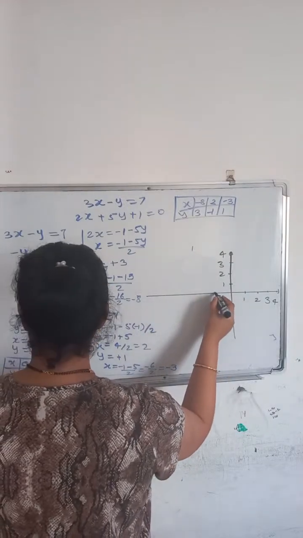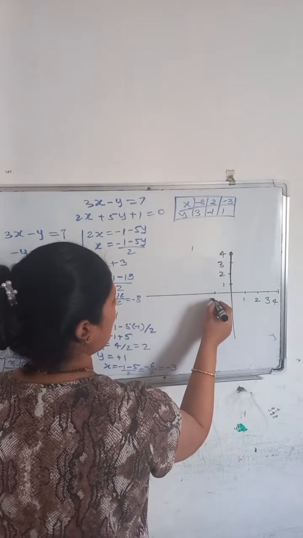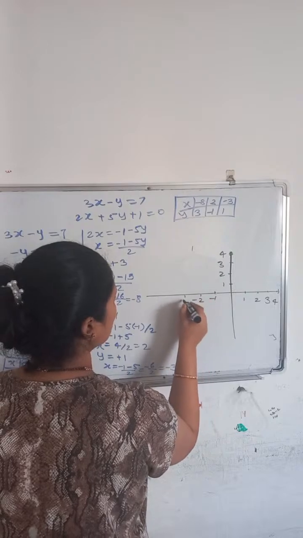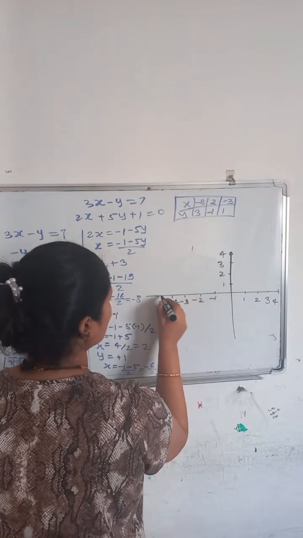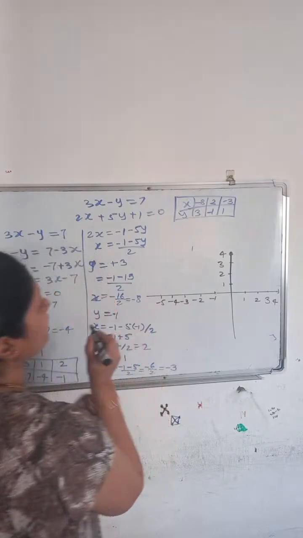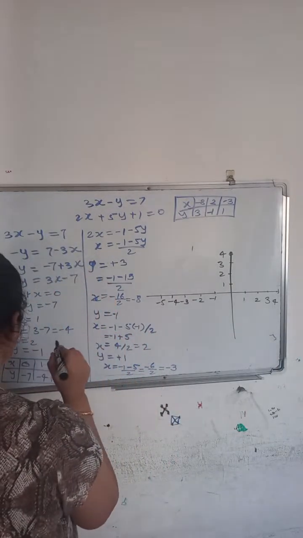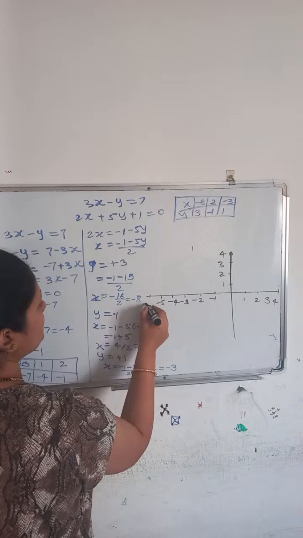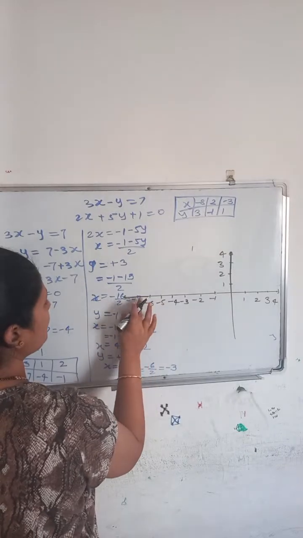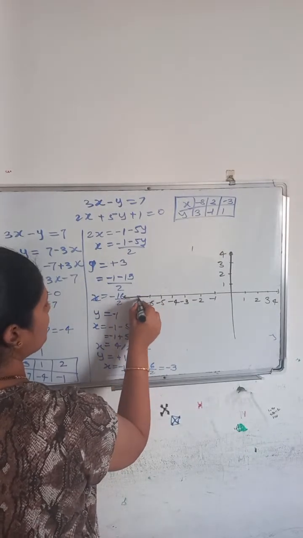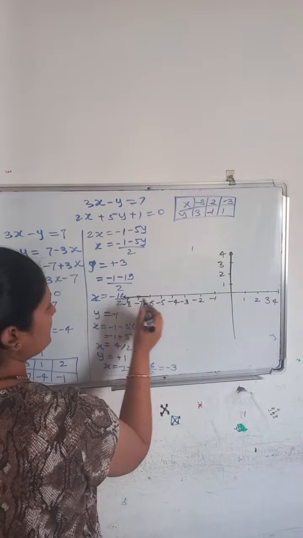Now here we have -1, -2, -3, -4, -5. Oh, -8 is also there, no? Oh, -6. I'll take a little bit to this side. -6, -7 and -8.